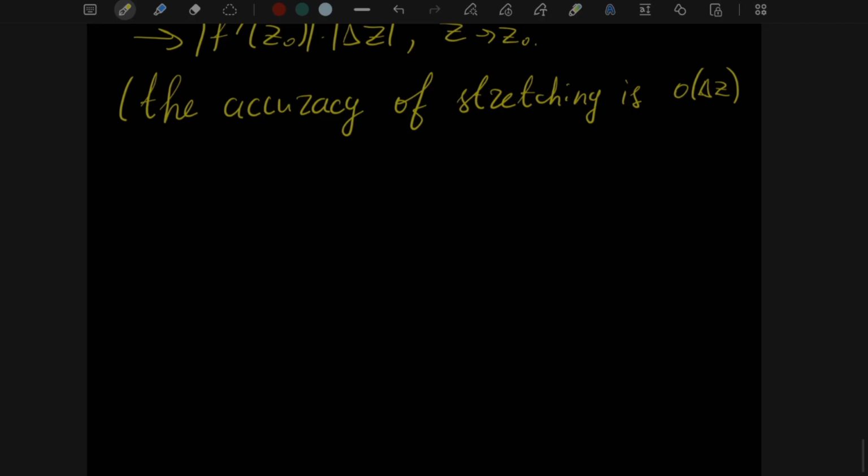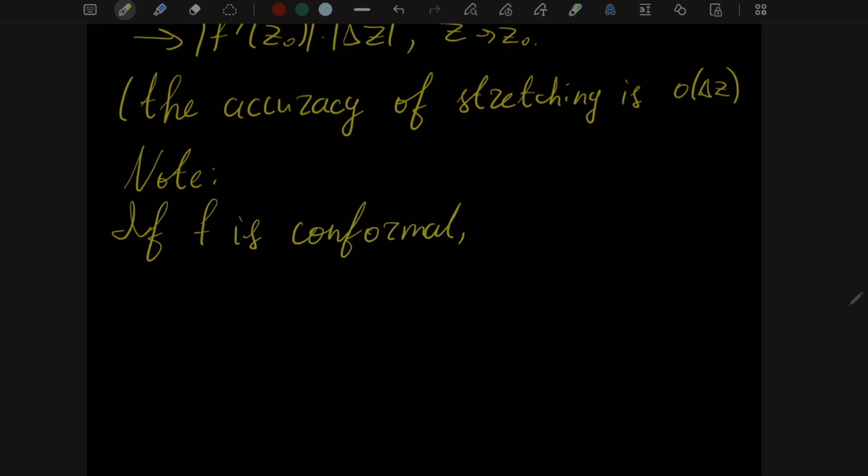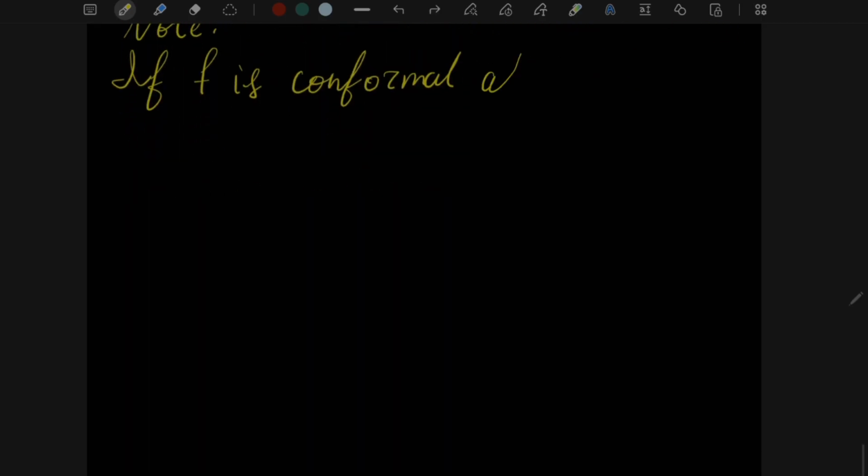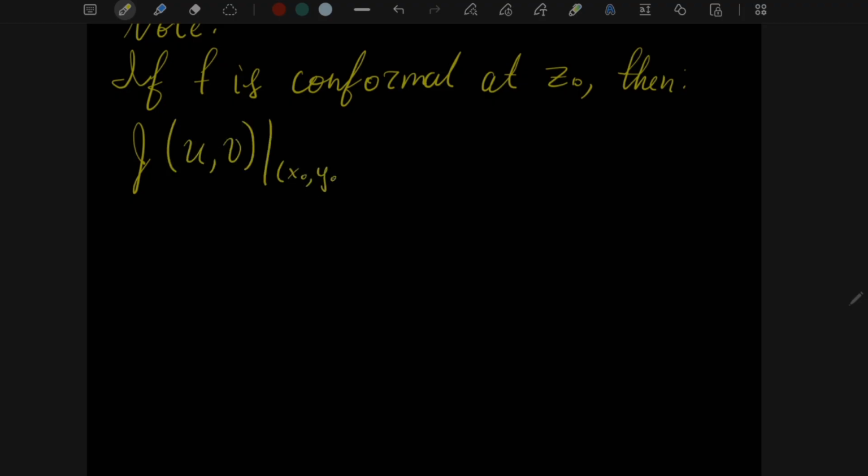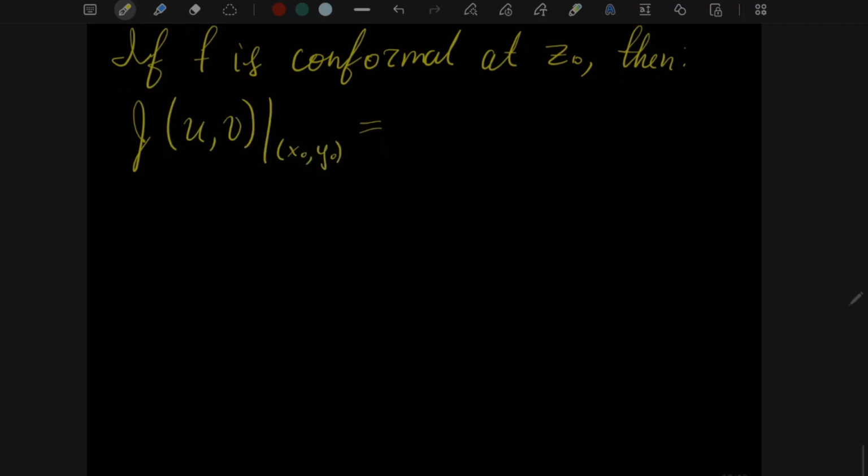And I'd like to add another little note here. The value of our Jacobian of u and v at point x0 and y0 is of course the determinant of the Jacobian matrix here.